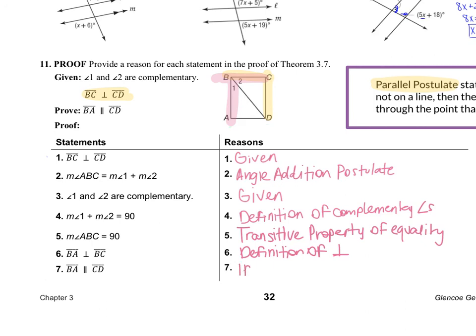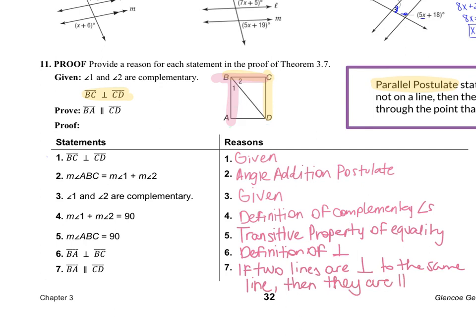Number 7, your reasoning: if two lines are perpendicular to the same line, then they are parallel.